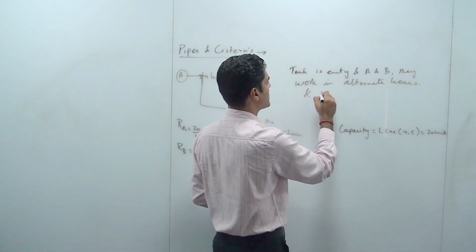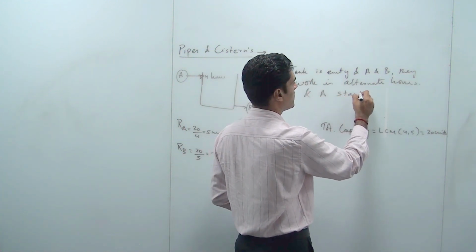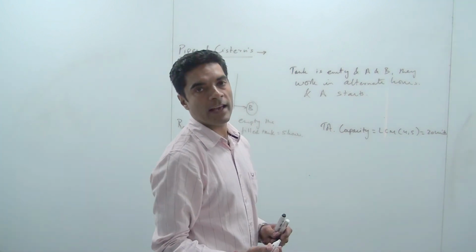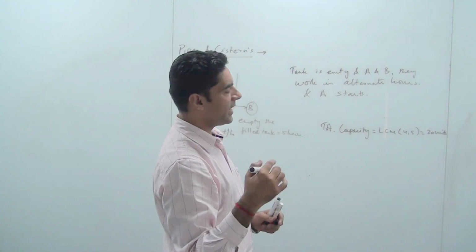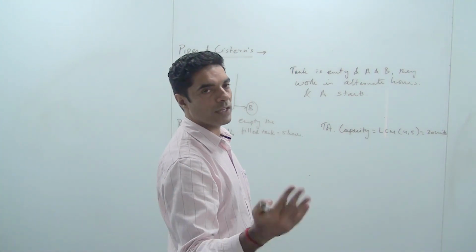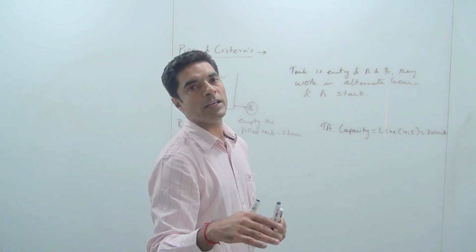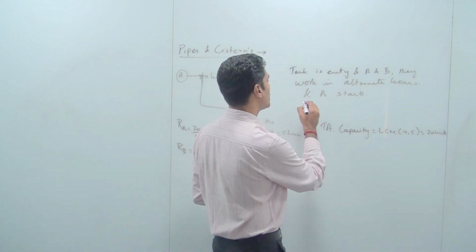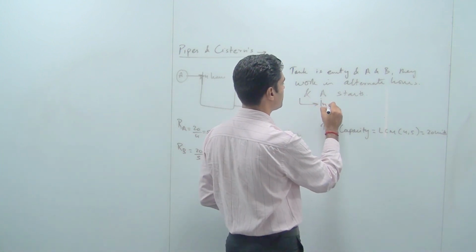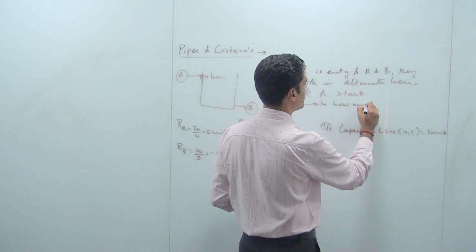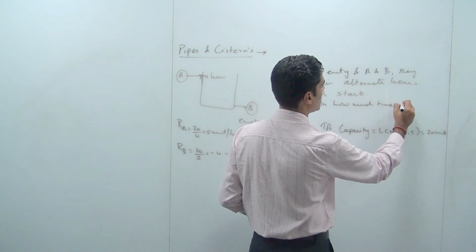And A starts. It is given that in the first hour A has been opened. That means A starts, then B, then A, then B. So we can assume that A is always opened in the odd hour while B is open in the even hour. So again the question is the same: in how much time will the tank be filled?